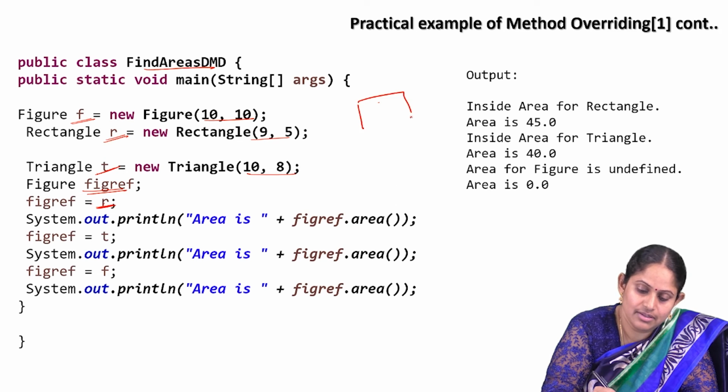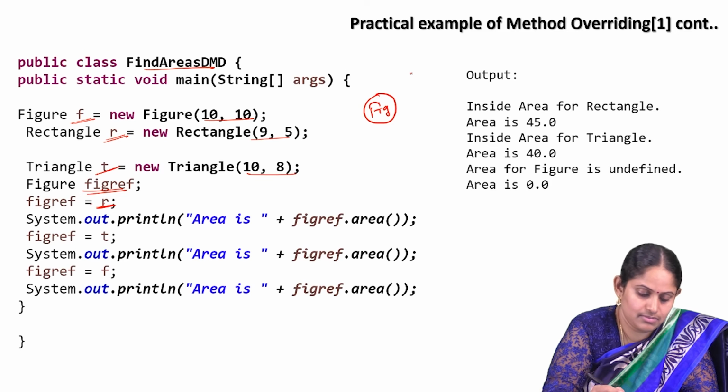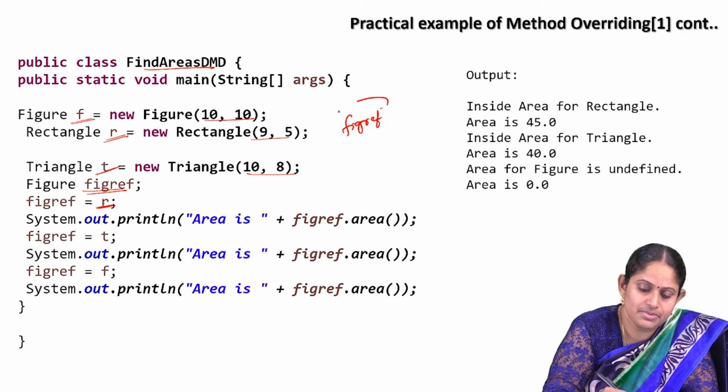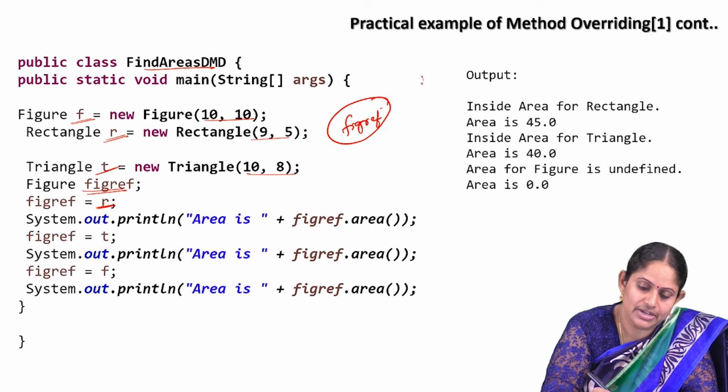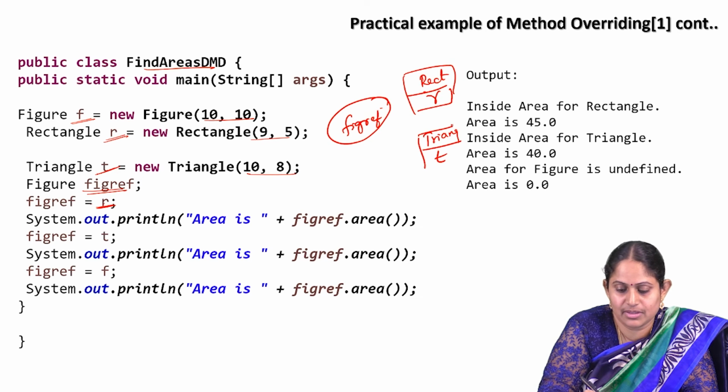We have the figure reference object, and we have two objects, the rectangle, which is R, and the triangle, which is T, right?